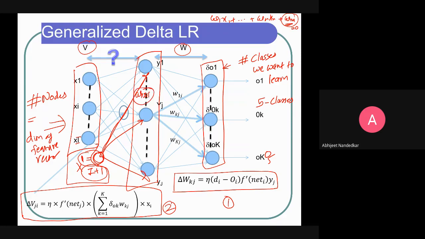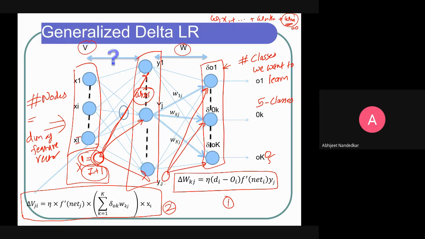So this weight is important. Don't forget that there will be one extra node for each layer, and it is connected to all the neurons in the subsequent layers. So there will be one more hidden unit here, and that is connected to everybody.